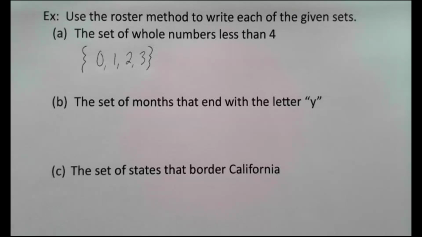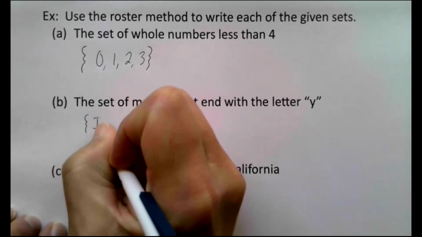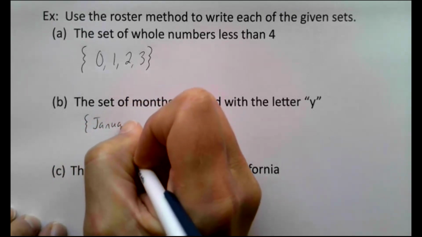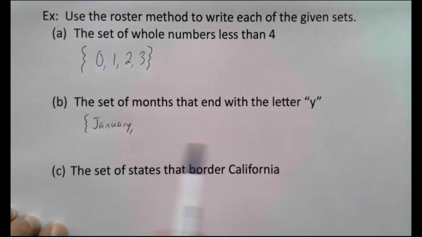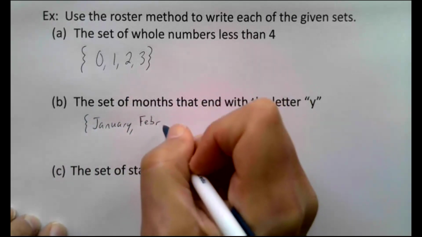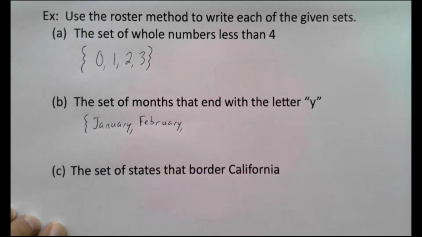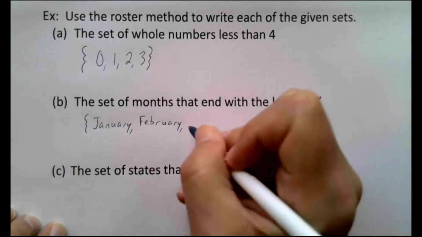So part B says the set of months that end with the letter Y. We know the months of the year. January happens to end with the letter Y. February happens to end with the letter Y. Let's see, what do we have? March, April, May.